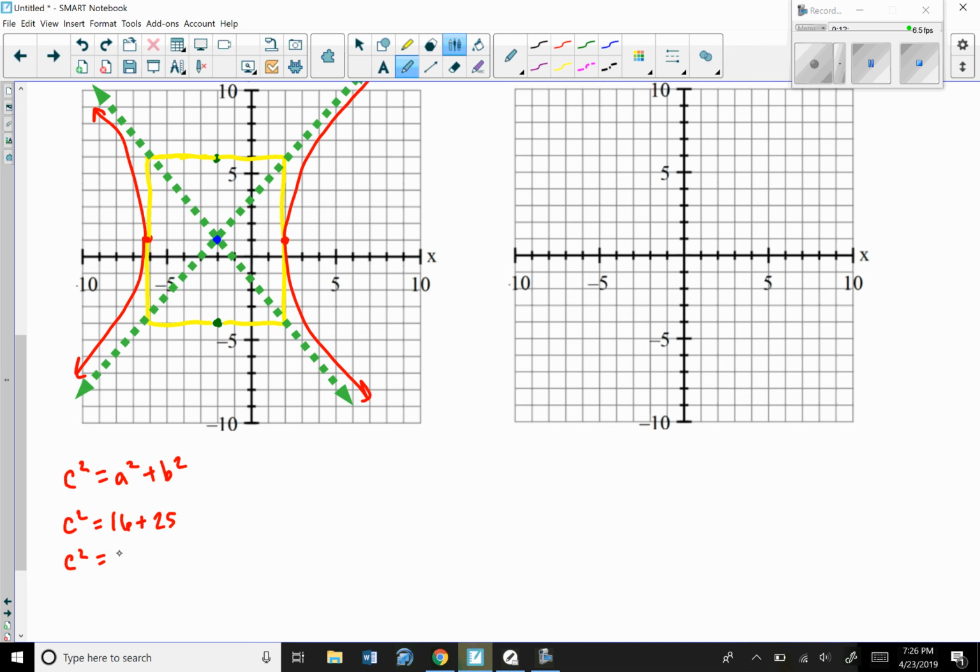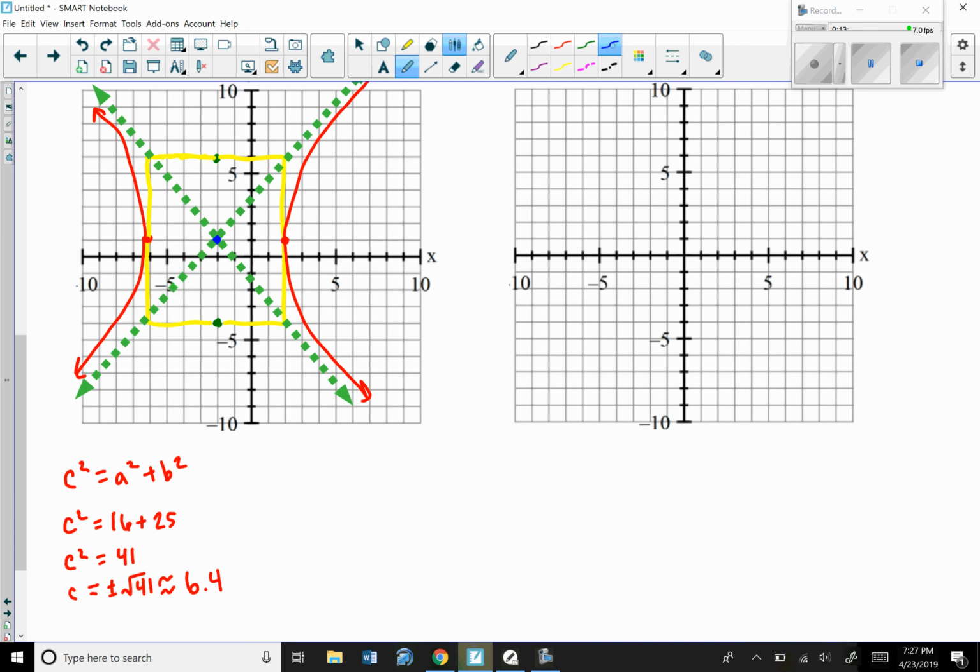So c squared equals 41. So c is equal to plus or minus the square root of 41. And remember, that means we're moving from the center the distance of root 41, which is about 6.4 if you find the decimal.